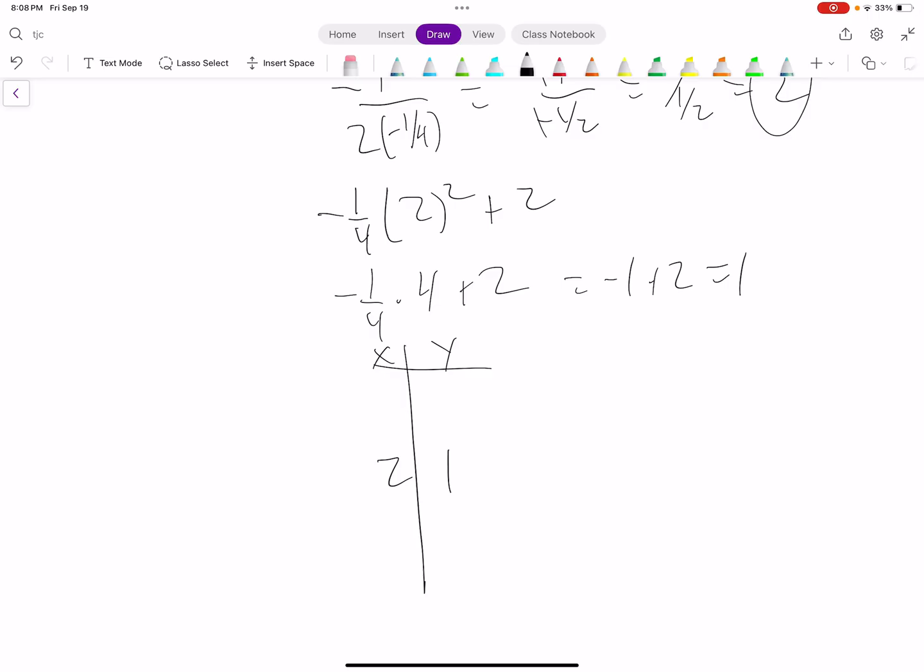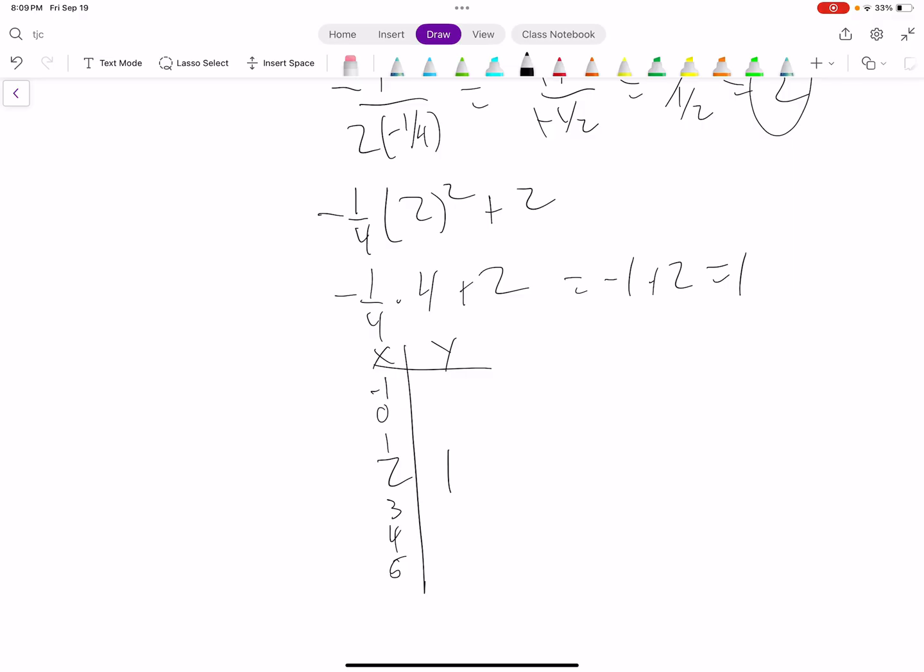Then I'm going to go down from 2: 1, 0, -1, and then up from 2: 3, 4, 5. I'm going to plug them in.